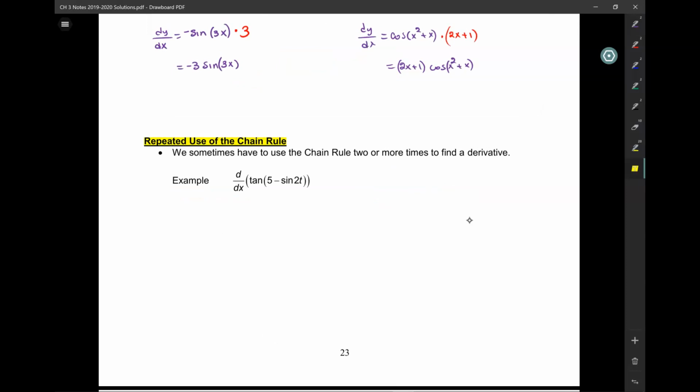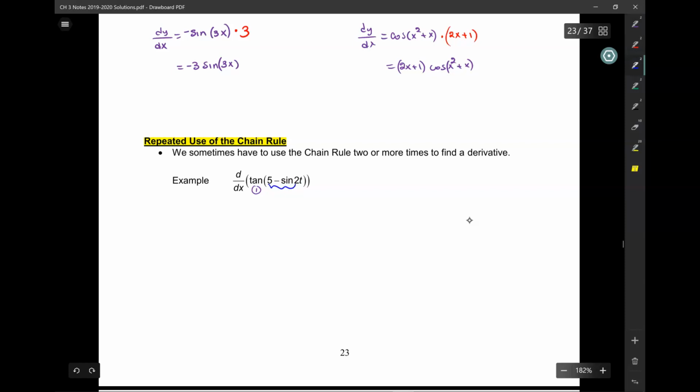Sometimes we just have to do it more than once. So look at this one. On the outside, I have tangent. I zoom in. That's my first function, the tangent. I zoom in, and I have 5 minus sine of 2t. That's my second function.